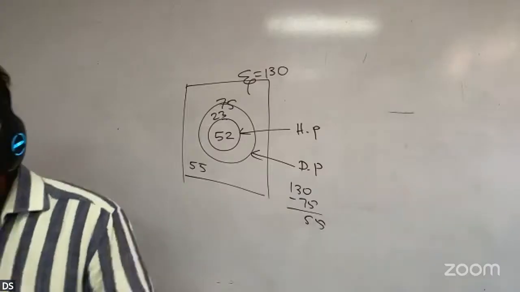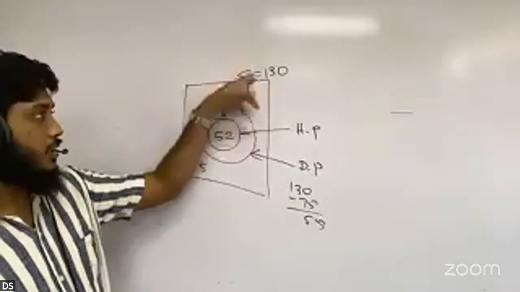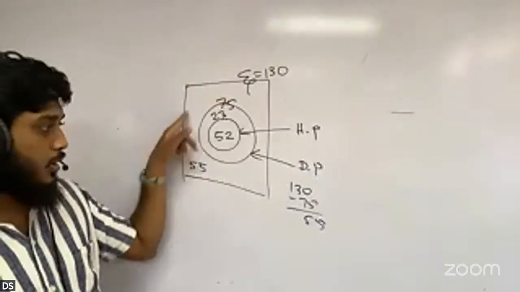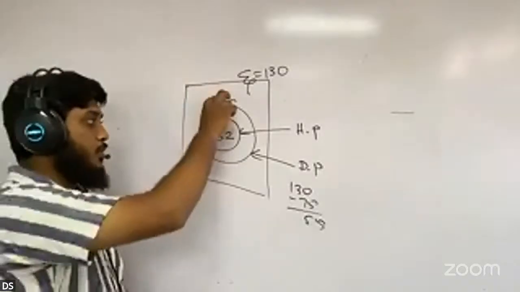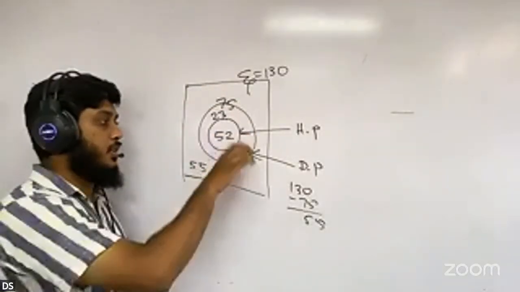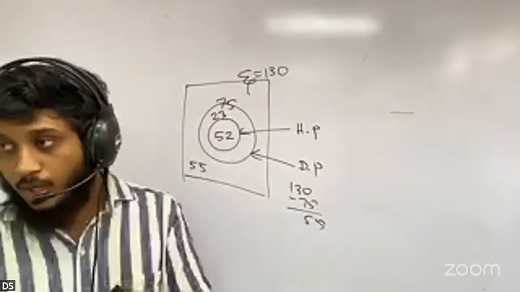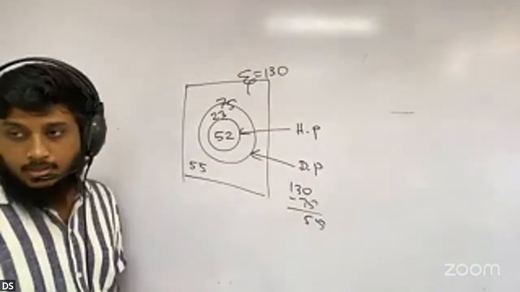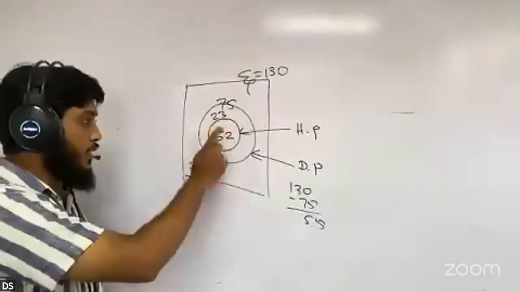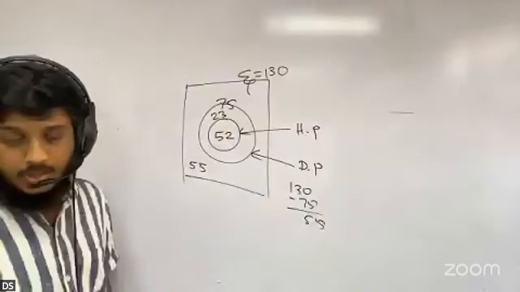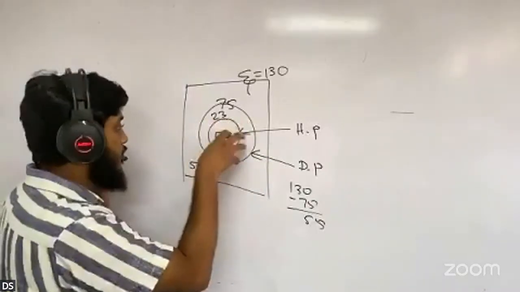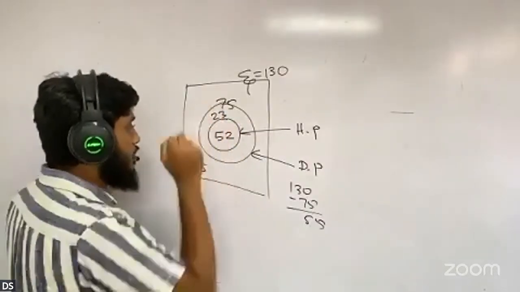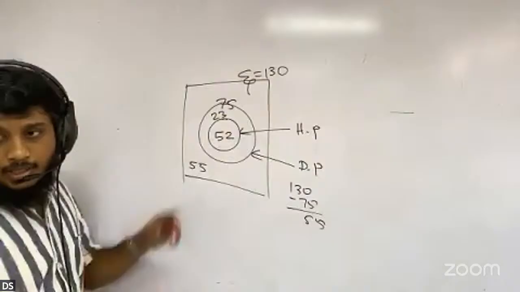Yes. There are 130 patients in total, so the universal set is 130. They are telling us 75 are diabetic patients, and they have already marked the diabetic circle, so 75 should be on the border. This full circle is diabetic. But out of the people who have diabetes, 52 are heart patients. Therefore the heart patients should come inside the circle, and that will be 52. If 52 have heart disease, out of 75, then 23 people don't have heart disease but have diabetes.